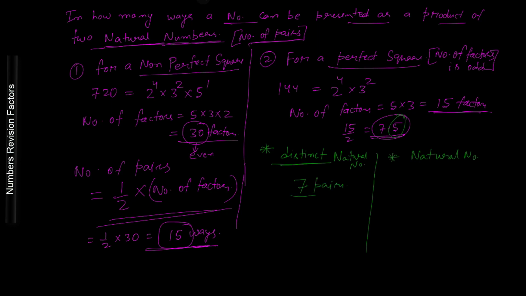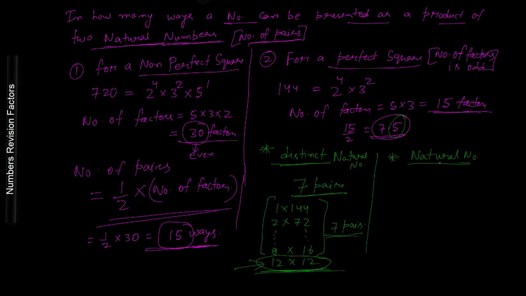Now what is the logic in this? See, why is it counting 7.5? Because if you see the possibilities, 1 into 144, 2 into 72, this way the last possibility will be 12 into 12. Before that it will be 9 into 16 and so on. So this is the one that it is counting as half a pair, right? So if I have distinct natural numbers, I will not count this one, as simple as that. Others are 7 pairs.